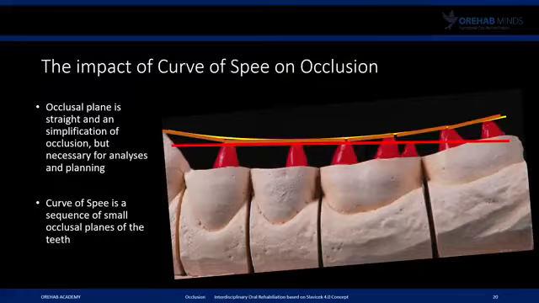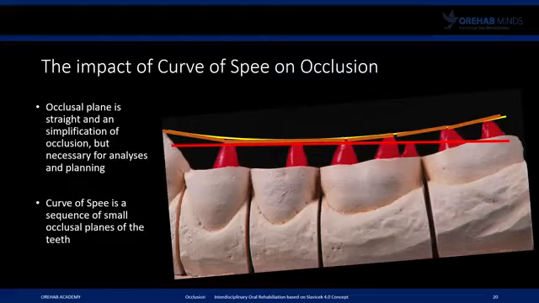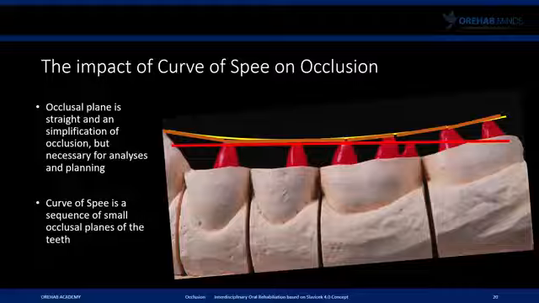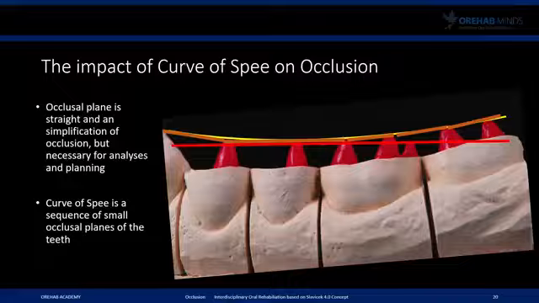So how to understand now the curve of Spee and its role in a functional occlusion? Let's stop to talk about the curve. Let's make segments of occlusion. Let's understand this sagittal arrangement of occlusion as a sequence of small occlusal planes of different teeth or segments in occlusion.